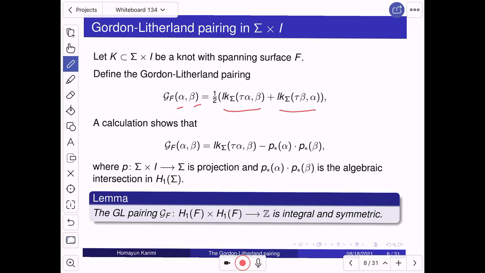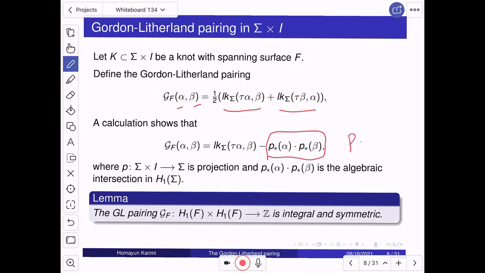So the first thing that you can show is that the Gordon-Litherland pairing of alpha and beta is the linking of tau alpha and beta minus this quantity, which is the intersection.